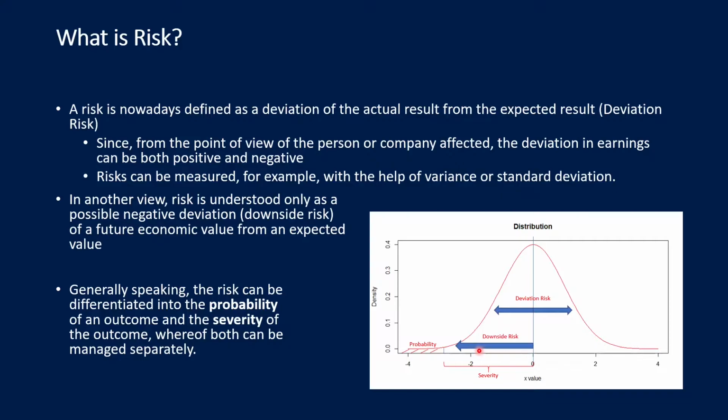Generally speaking, the risk can be differentiated into the probability, which is denoted by the area under the curve, and the severity, so the amount or the severity of this downside risk, so how far we go downside. Both, of course, can be managed separately. So we can manage the probability and we can manage the severity.